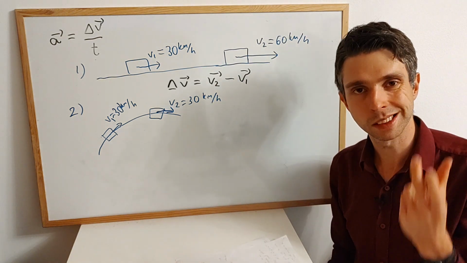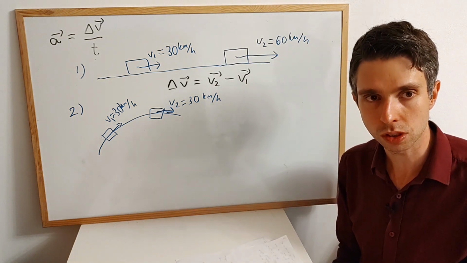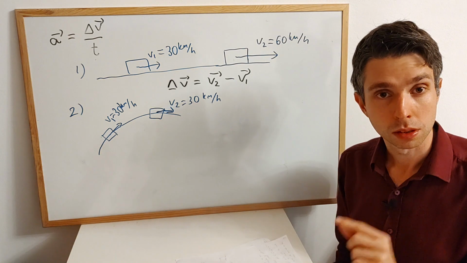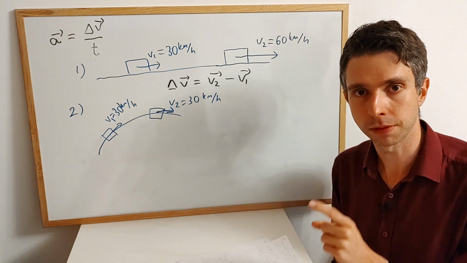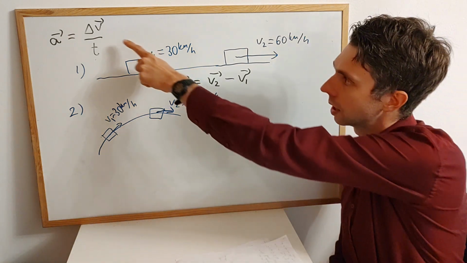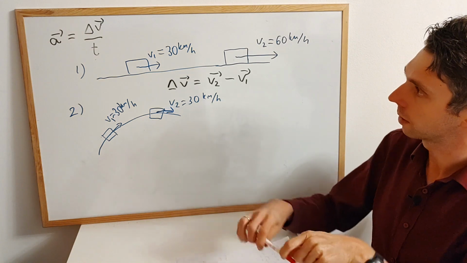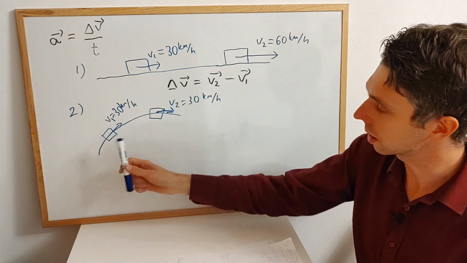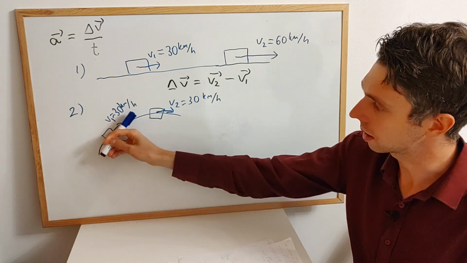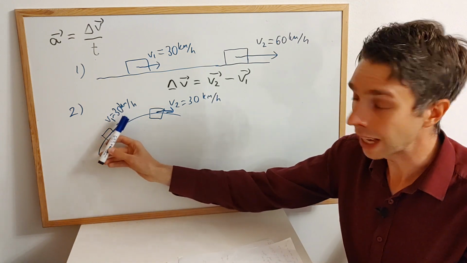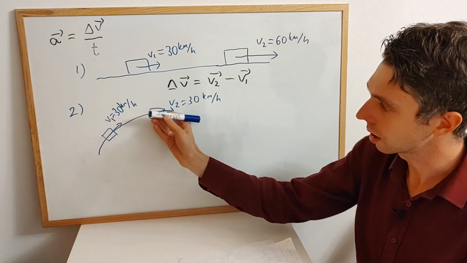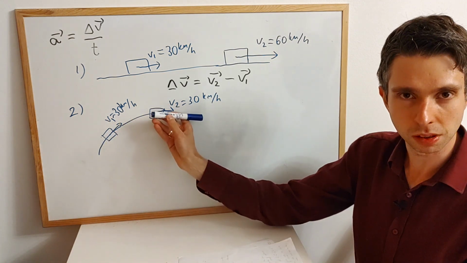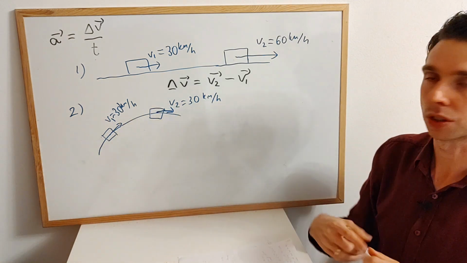So the value of the velocity didn't change, but surprisingly we still have acceleration, because in acceleration we have change of the vector. And look, the length of the vector didn't change, but the direction of the vector did change.